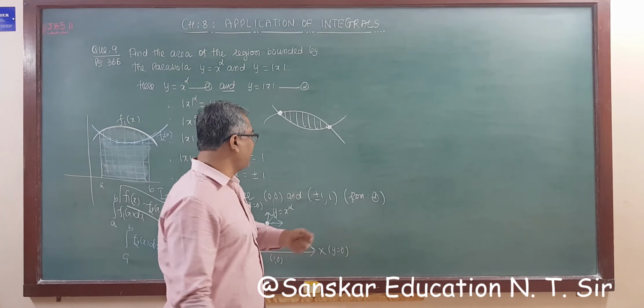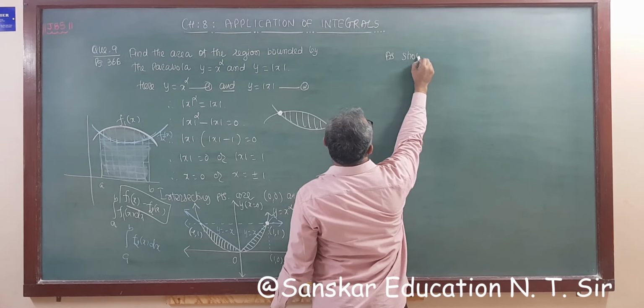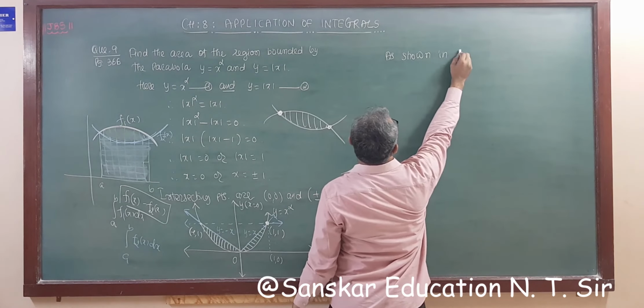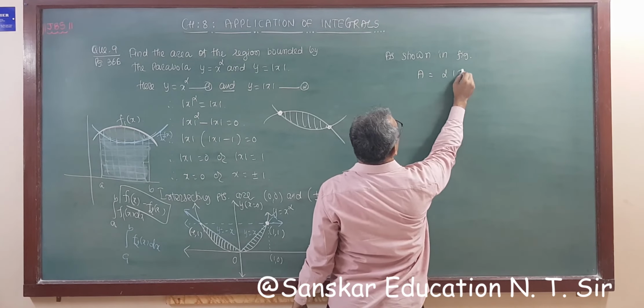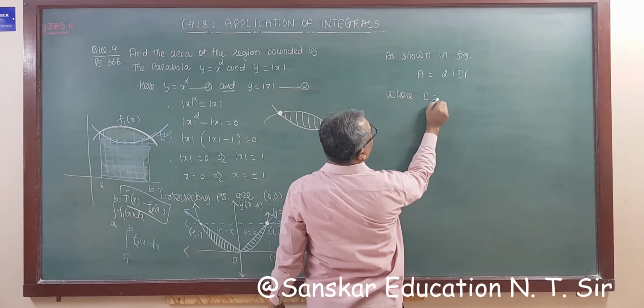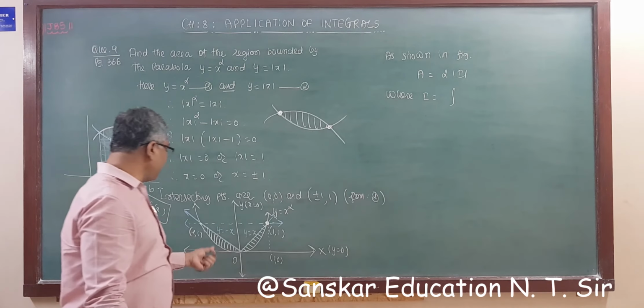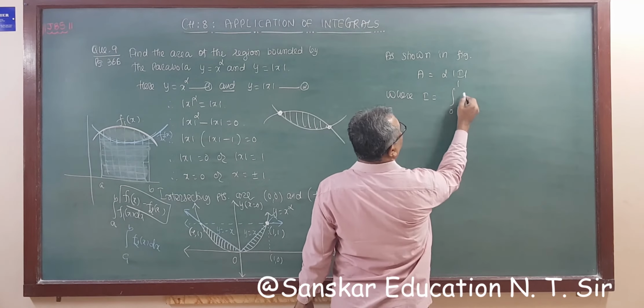So as shown in the figure, A is equal to 2 times mod I, where I is equal to the integration, taking the limit of x, from 0 to 1.